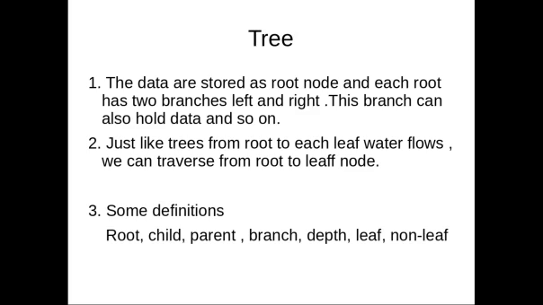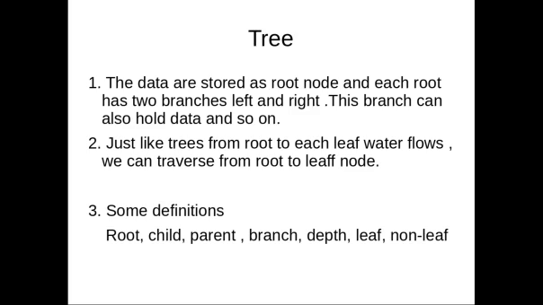In case of a binary tree there will be two branches, and in case of a k-ary tree, k number of branches can be there. Basically we will discuss only the binary tree, so each node has a maximum of two branches.